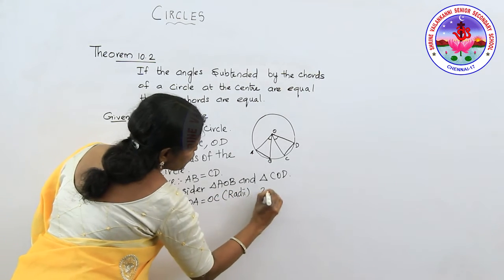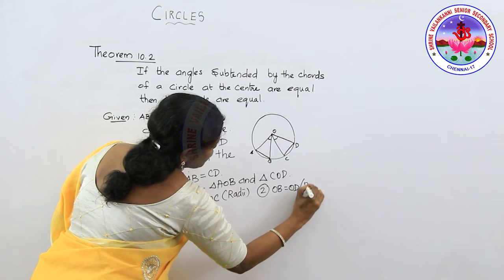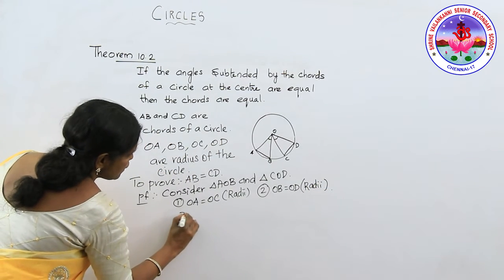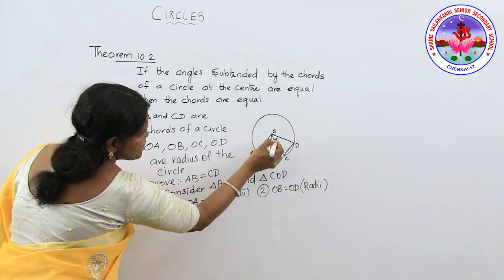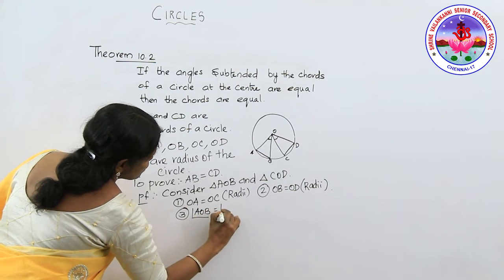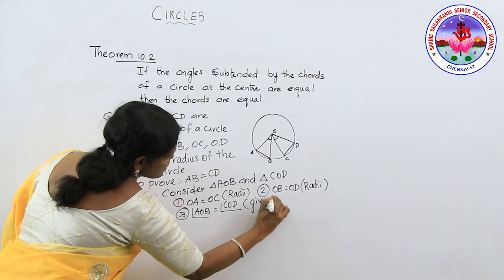Next, the second point, I got OB is equal to OD, so they too belong to the radii of the same circle. Now the third case, it is given that the chords AB and CD subtend equal angles at the center. So my angle AOB is equal to angle COD. I am writing it is given in the statement.